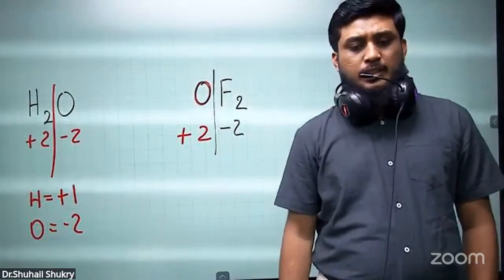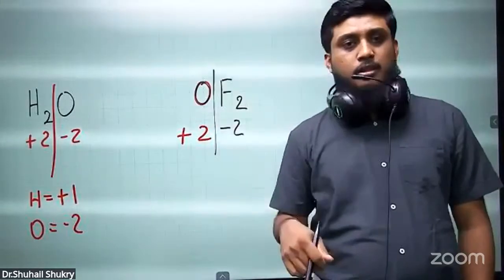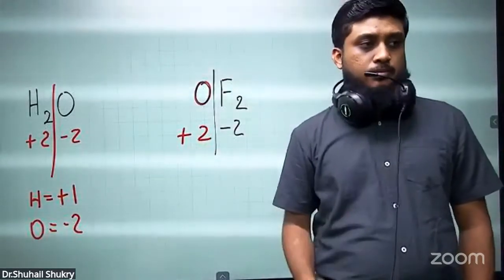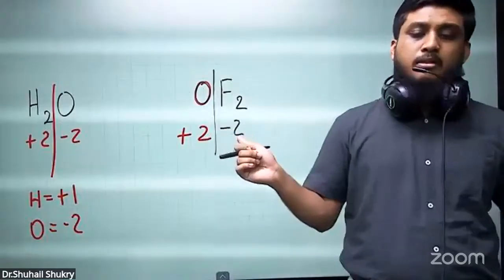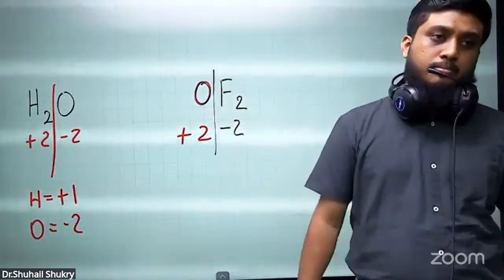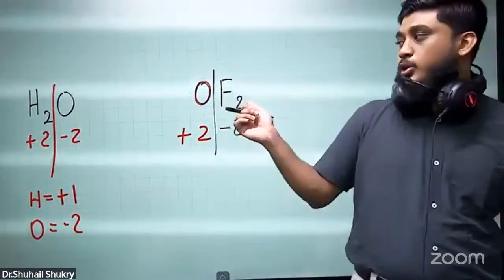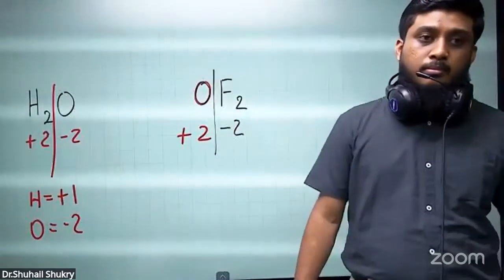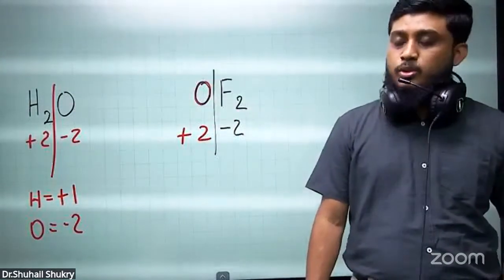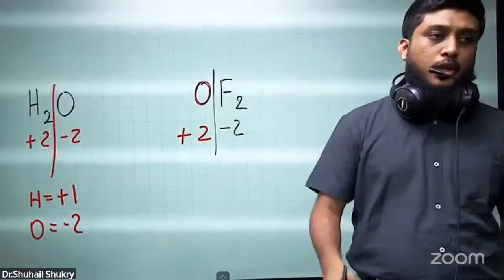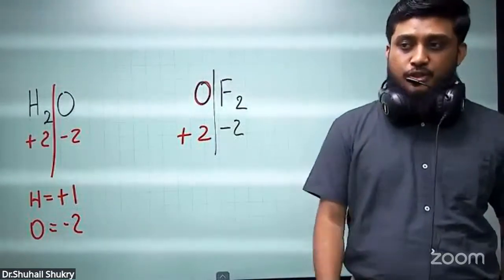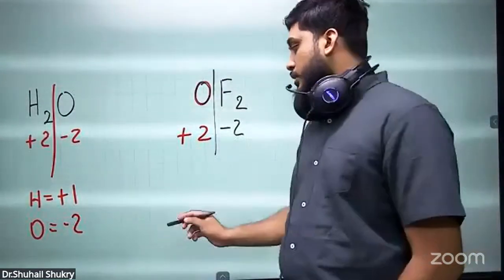Oxygen is the second most electronegative element after fluorine, so oxygen only gets a plus charge when there is fluorine. In OF2, fluorine will never become plus.